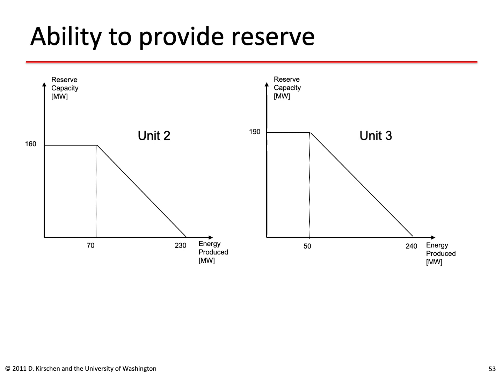Similarly, Unit 3 can provide 190 megawatts of reserve capacity up to 50 megawatts of energy production, and then this decreases linearly up to 240 megawatts of energy production, at which point Unit 3 is no longer able to provide any reserve.